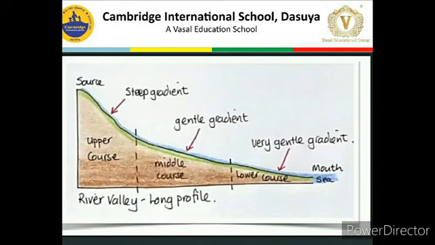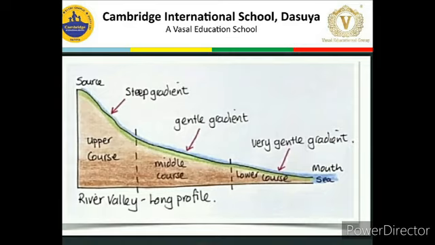The slope of the riverbed is less on a plain, hence the speed of the current is also low. And in the picture, the last one is shown as the lower course. Now we are going to study each of these in detail.